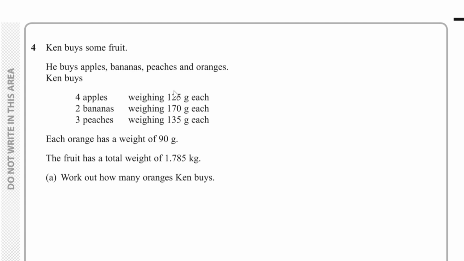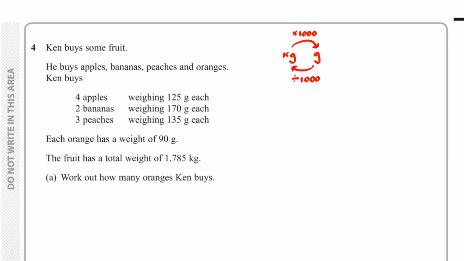Well, here we've got grams, here we've got kilograms. To go from kilograms to grams, we multiply by 1000. Grams to kilograms, we would divide by 1000.